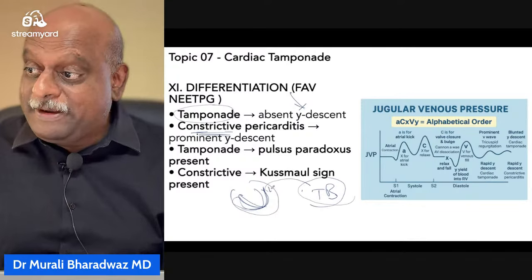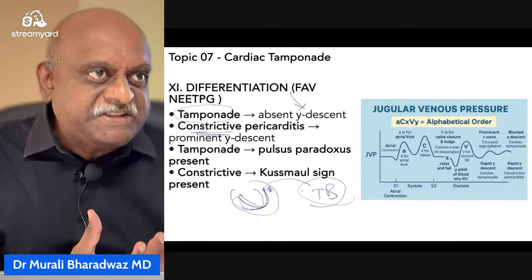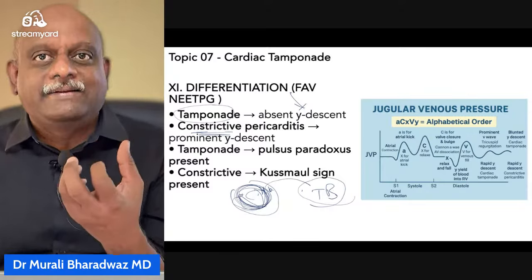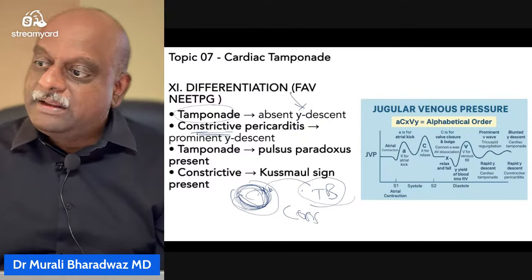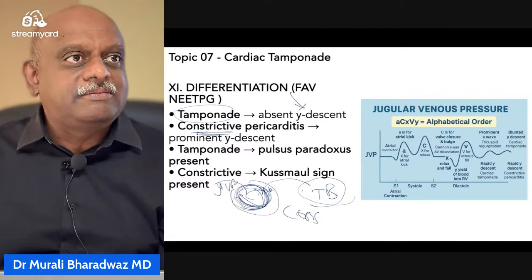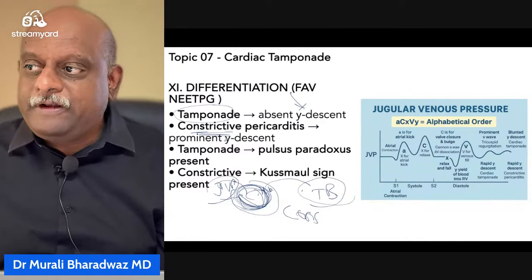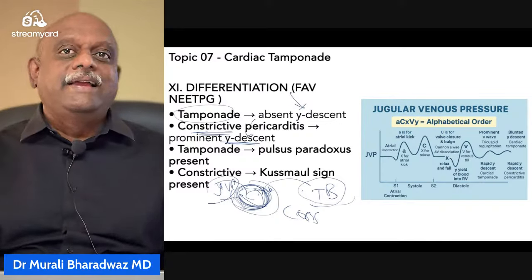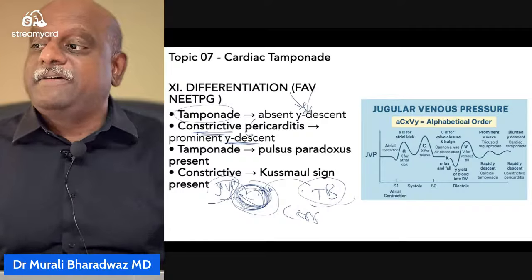Because of the TB, the pericardium becomes fibrous, constricted, and it will impair the cardiac filling. That is constrictive pericarditis. There also JVP is elevated. Right. How do you differentiate? Here there is a prominent Y descent, whereas in tamponade there is an absent Y descent.